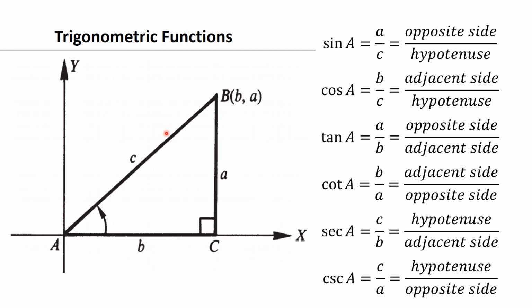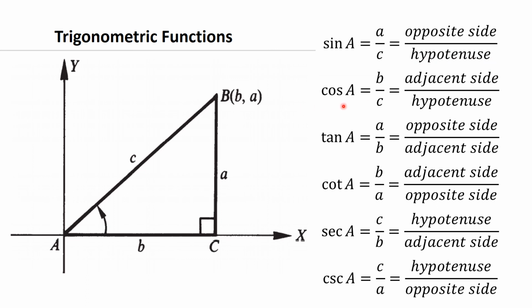Then the trigonometric functions of angle A may be defined in terms of the sides of the right triangle as follows. Sine of angle A is equal to the ratio of side A to side C, or the opposite side to the hypotenuse.